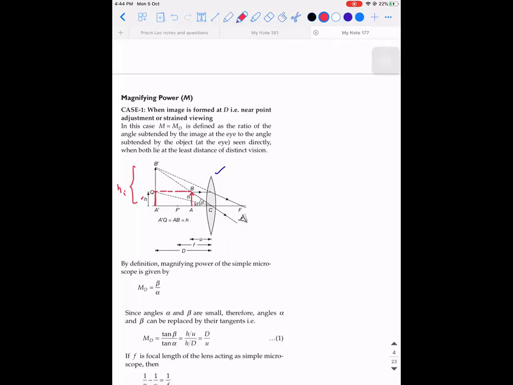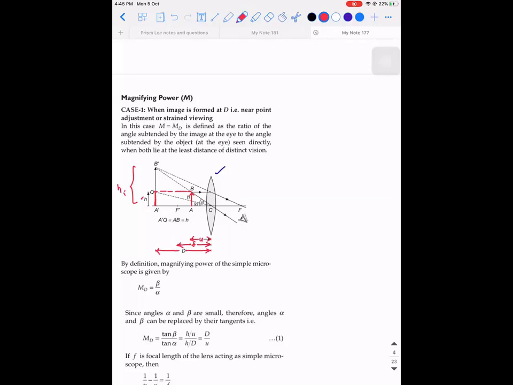The adjustment is done in such a way that the final image is formed where? Where is the final image formed? Look at the diagram at the bottom, you will understand. This is u. This is the focal length of this lens. And what does capital D stand for? It is the near point, sir.